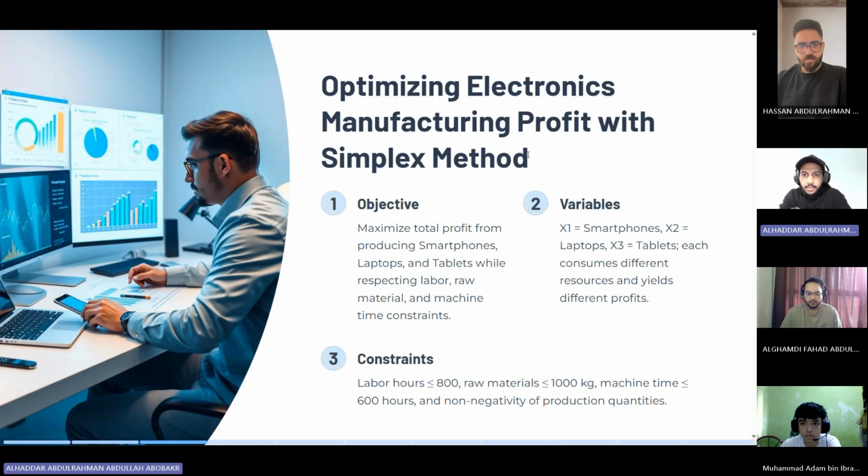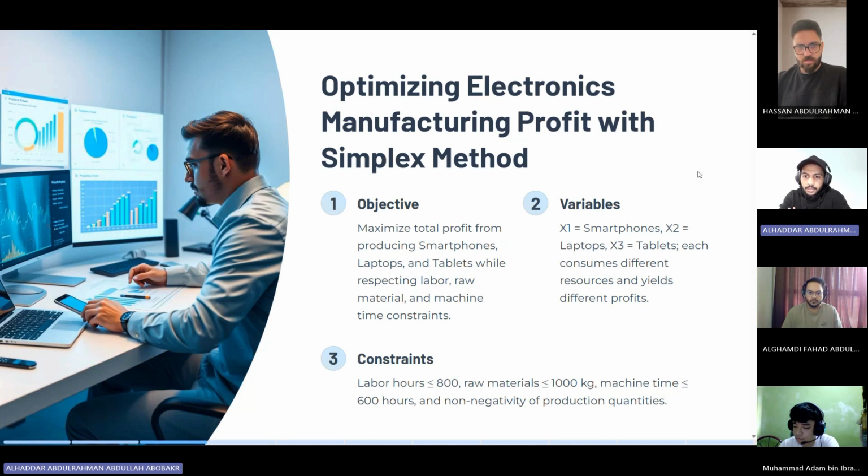Starting with optimizing electronics manufacturing profit with the simplex method. First, the objective: maximize total profit from producing smartphones, laptops, and tablets while respecting labor, raw material, and machine time constraints. Next, variables: x1 equals smartphones, x2 equals laptops, and x3 equals tablets.